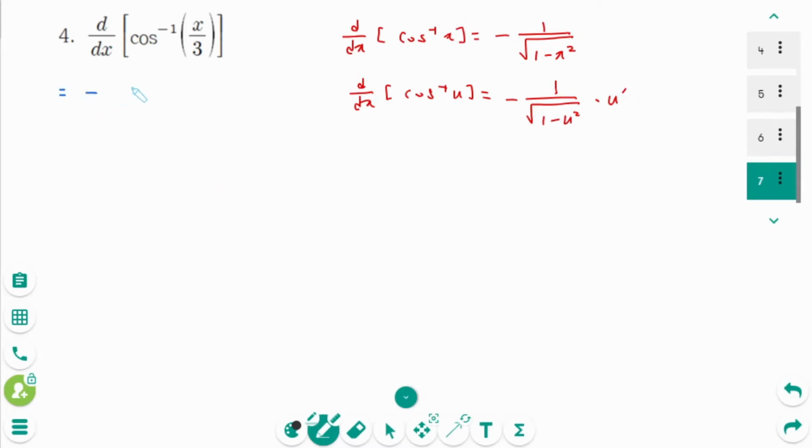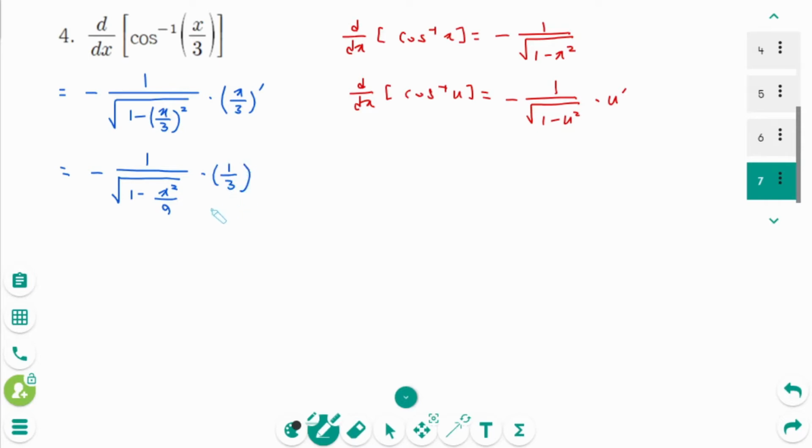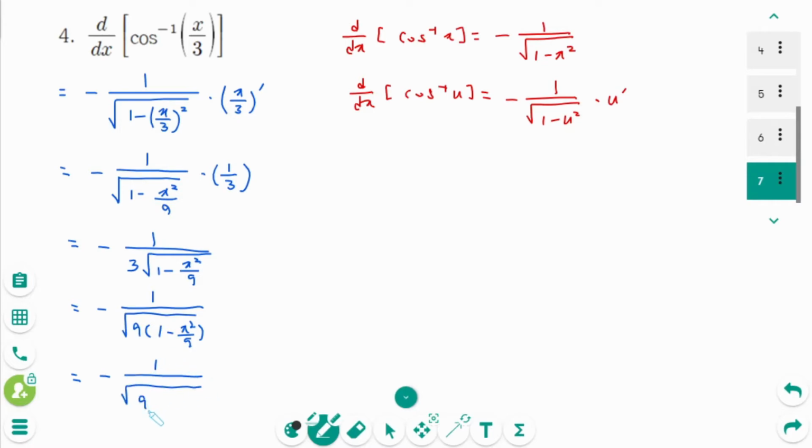Question 4 is minus 1 over square root of 1 minus x over 3 squared times x over 3 prime, equals minus 1 over square root of 1 minus x squared over 9 times 1 over 3, equals minus 1 over 3 times square root of 1 minus x squared over 9, equals minus 1 over square root of 9 times 1 minus x squared over 9, equals minus 1 over square root of, expanding, 9 minus x squared. That is the final answer.